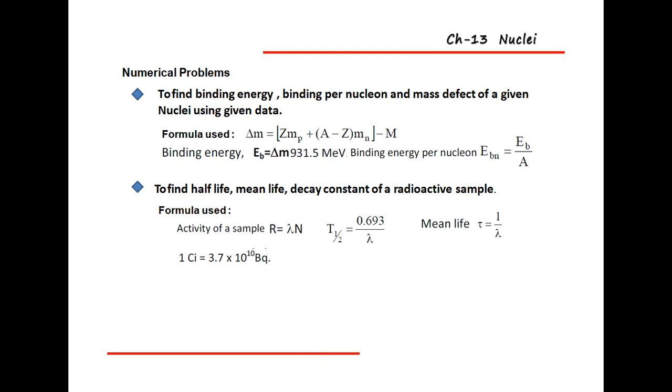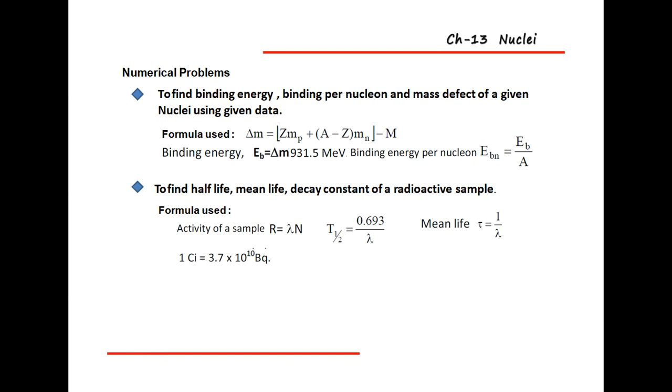Then in this chapter we will solve some numerical problems in the next video. For numerical problems, these are the important formulas to find the binding energy, binding energy per nucleon and mass defect of a given nucleus from the given mass.